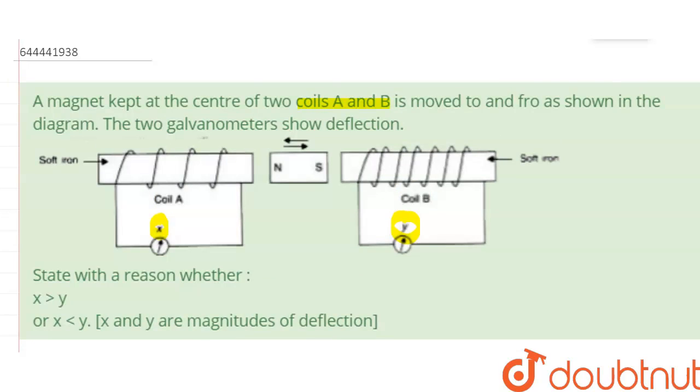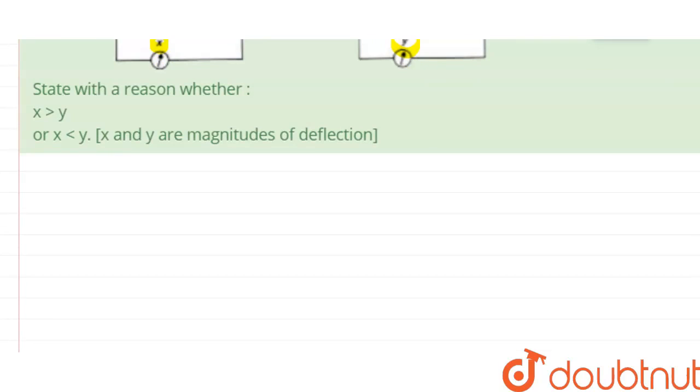We know that when a magnet is moving to and fro, because of that there is a change in flux.